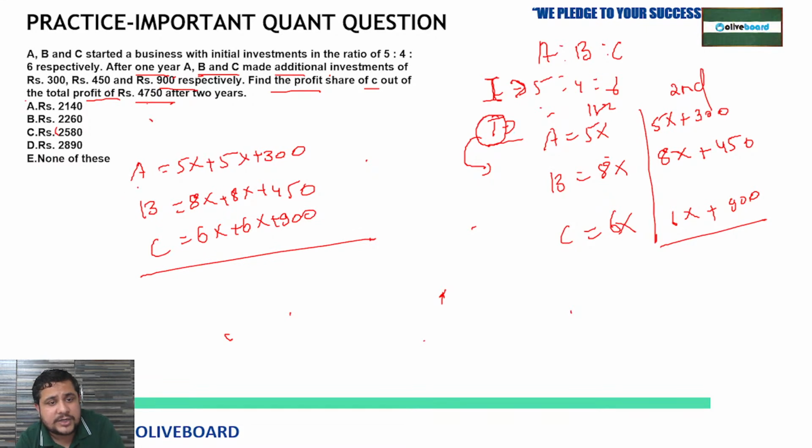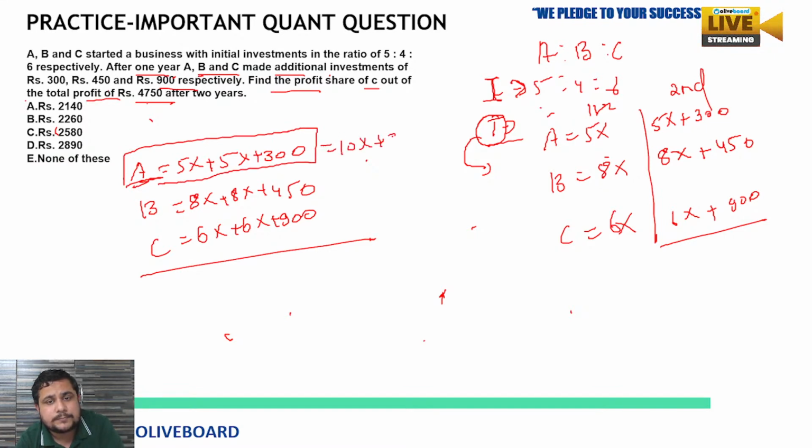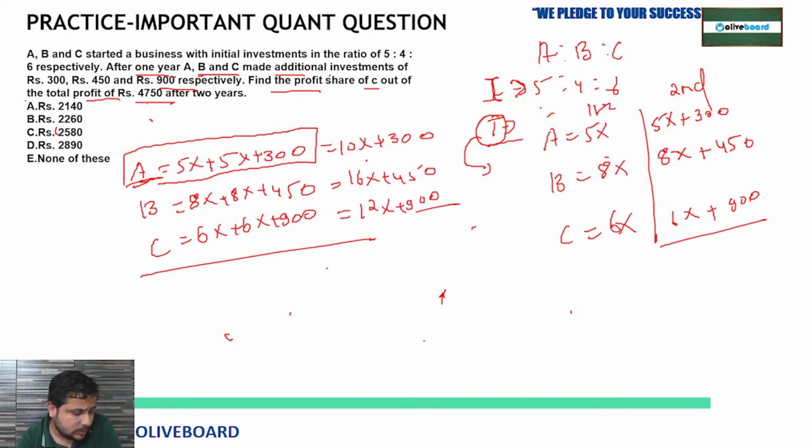So the profit share of A in the total profit must be 10x plus 300. B's profit is 16x plus 450. C's is 12x plus 900. Clear? All of you? Now see, the total profit is 4750.